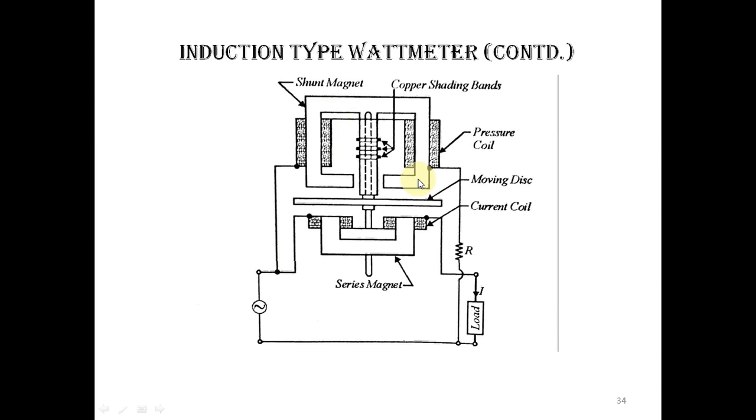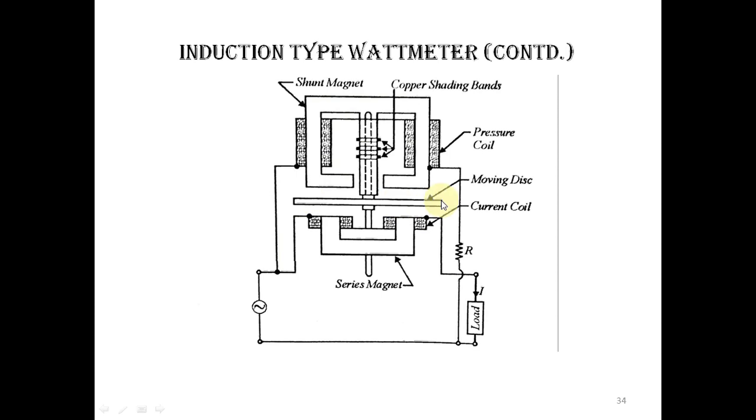This is the construction. It is your shunt magnet, this is your series magnet. Obviously you can see that the shunt magnet is connected across the supply, so voltage. Okay, voltage coil, it is the substitute of voltage coil. And series magnet, in series with load, again returns, so it is the substitute of current coil.